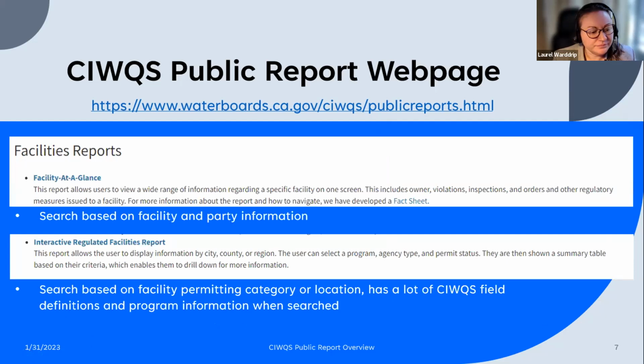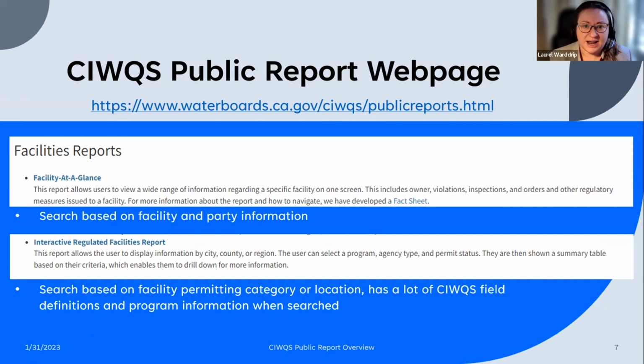Okay. So when you click on the facility reports, there's two different main reports. The first one is the facility at a glance. This is where, if you kind of know what you're looking for when it comes to a facility's name, owner, operator, agency, this is a good place to start. The other report is the interactive regulated facilities report.